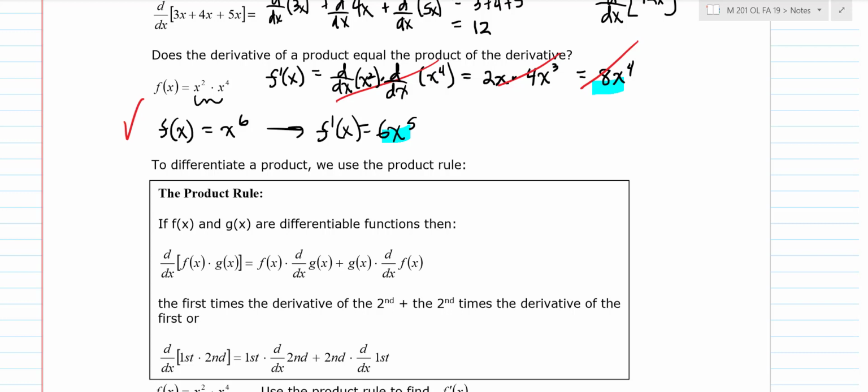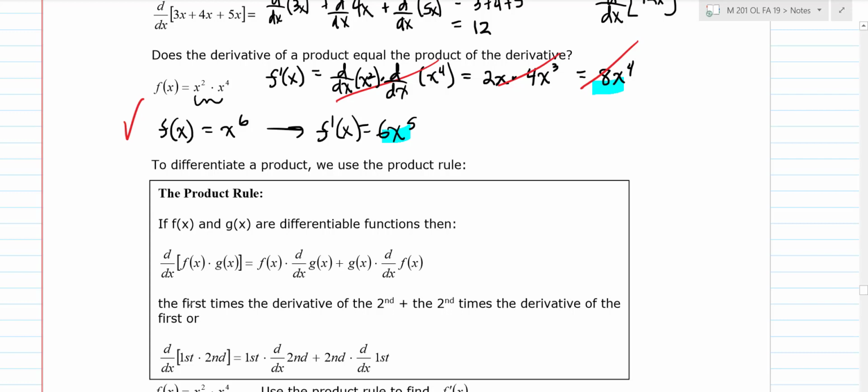So the product rule goes like this. Anytime you have two functions multiplied and you're doing the derivative, you write down the first function, then you do the derivative of the second, plus, then you write down the second times the derivative of the first. I always recommend that you learn rules as much as you can in words and in symbols.